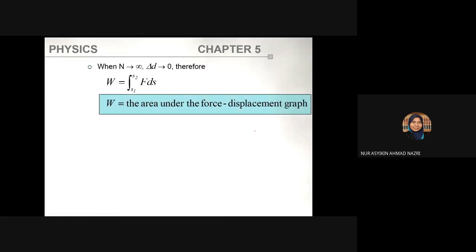Okay, ataupun nak tunjuk secara kalkulasnya, where we get that equation. So we get it from the integration of the graph. Okay, so as the integration, so S1 to S2, so we get F ds, the area under the force displacement graph, work done tu.